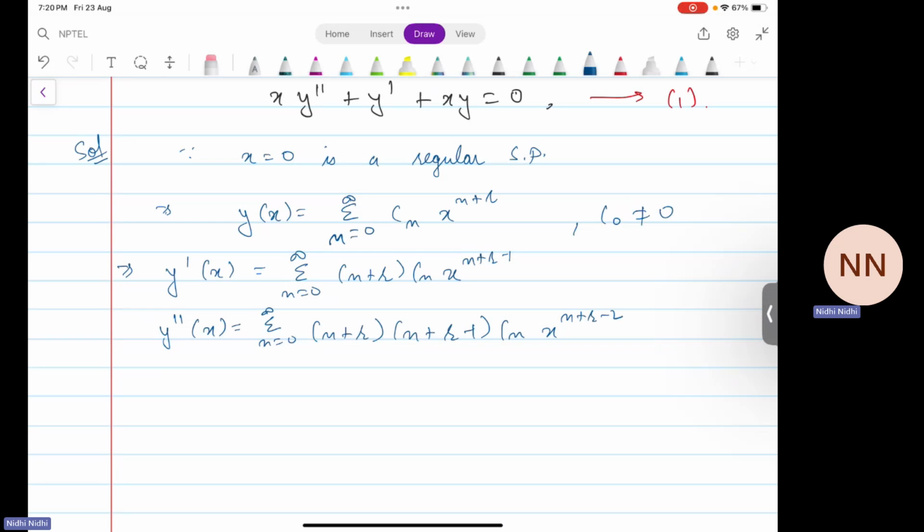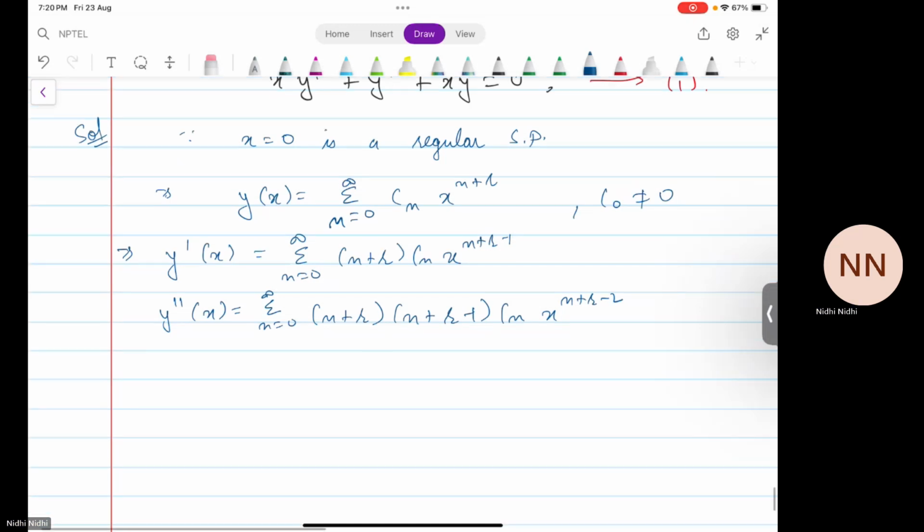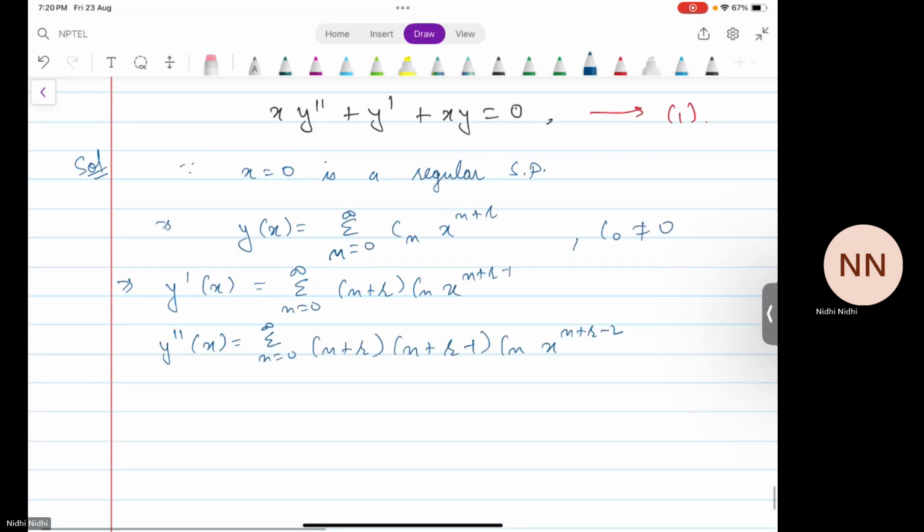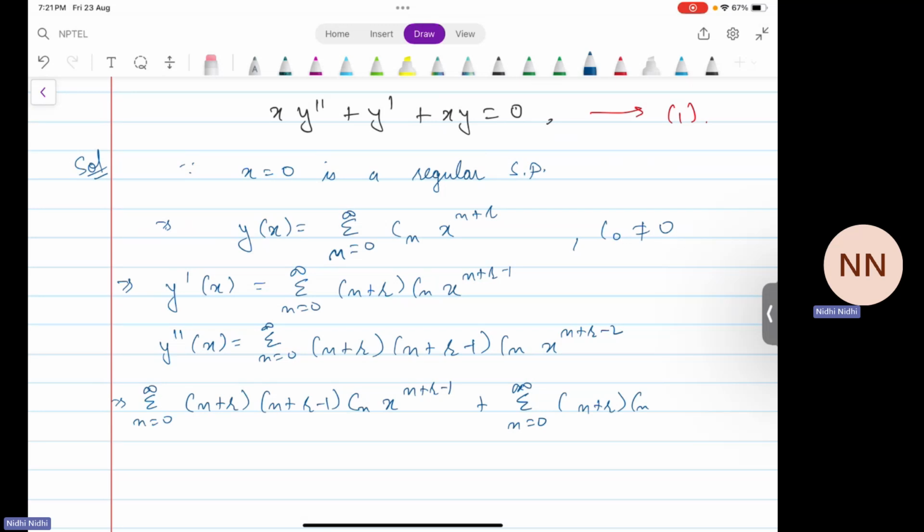Now putting the values of y dash and y double dash in equation 1, we get summation n from 0 to infinity (n plus r)(n plus r minus 1) Cn x to the power n plus r plus summation n from 0 to infinity (n plus r) Cn x to the power n plus r plus summation n from 0 to infinity Cn x to the power n plus r plus 2 is equal to 0.